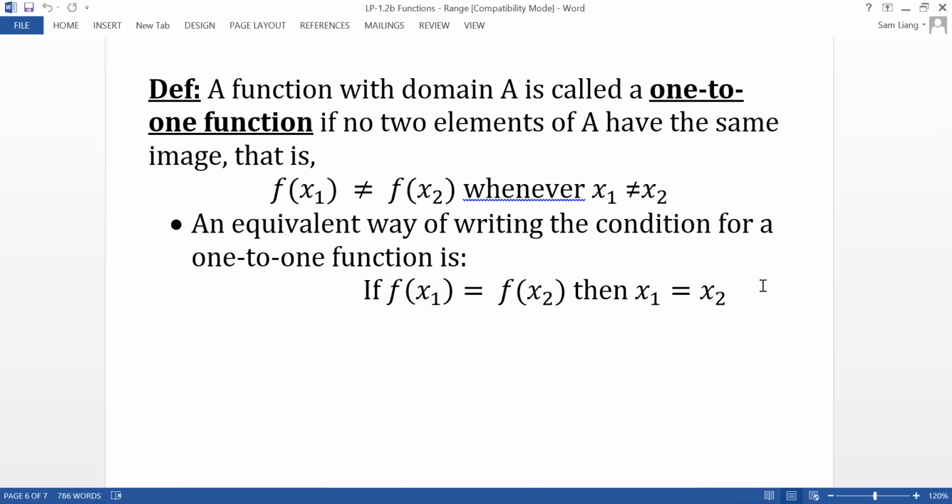There's no other person at Bronx Science or New York City, or actually, I guess you can say the world, assuming that OSIS numbers are unique, that has the same OSIS number as you, because that OSIS number identifies you. So to relate this to our definition, f of x1 is not equal to f of x2 whenever x1 is not equal to x2.